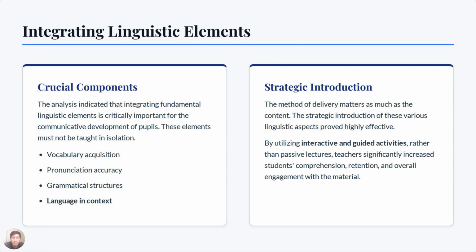The instruction of these aspects through interactive and guided activities was what made the difference. When language is presented in context, that is when students understand what a word or a rule is used for in real life, their comprehension and engagement increase drastically, leaving rote memorization behind and moving towards contextualized use, which is vital.